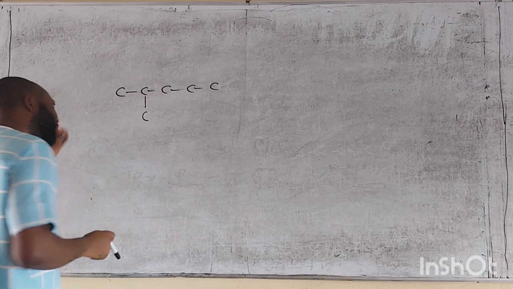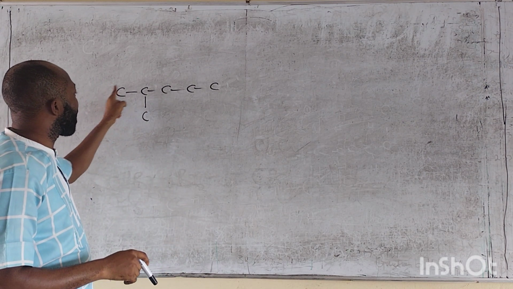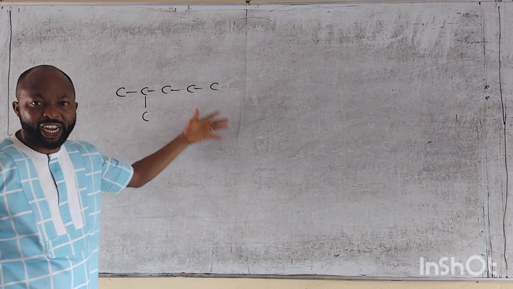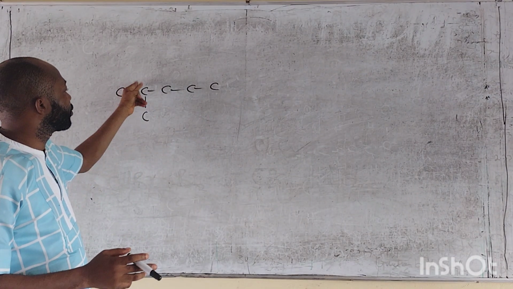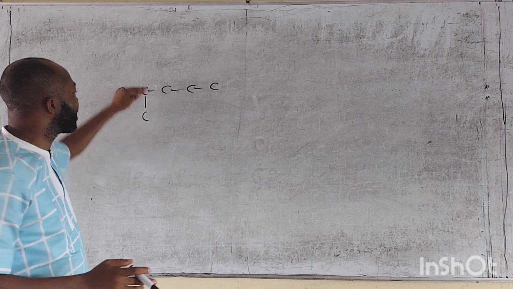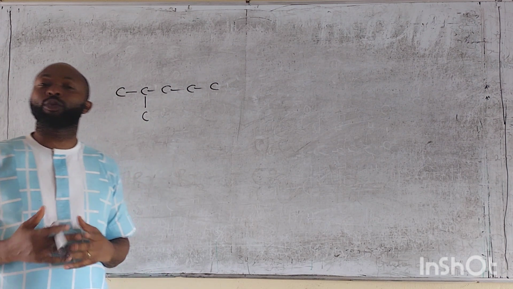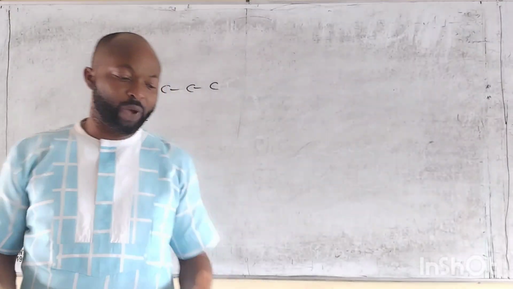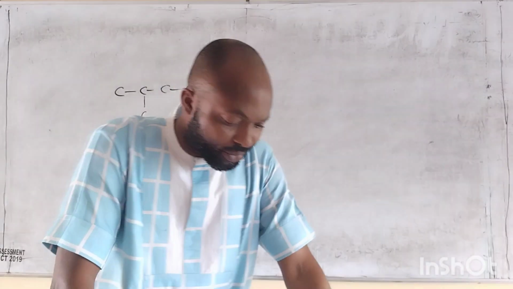So they say I should identify my what? Parent chain. It's either I call this 1, 2, 3, 4, 5 as my pentane, and this becomes my substituent. But the most important thing is I have identified what? The longest chain, which is the parent chain.